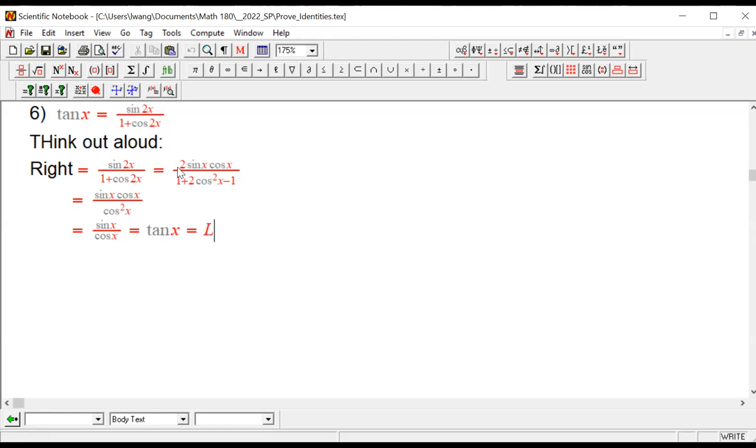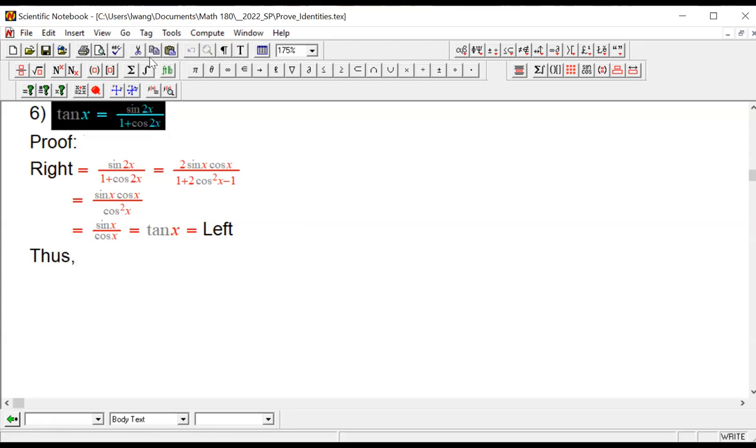Yay. So that's the left-hand side. At this point, I realize I'm just going to turn this into a proof: start from the right, end up on the left, and done. And then you say thus, and this is true.